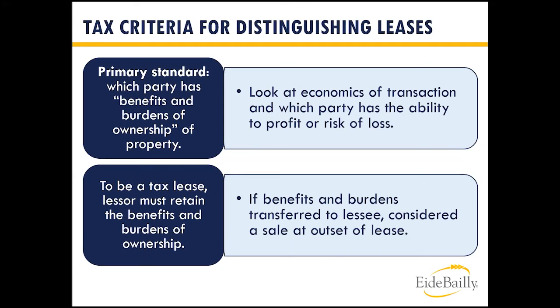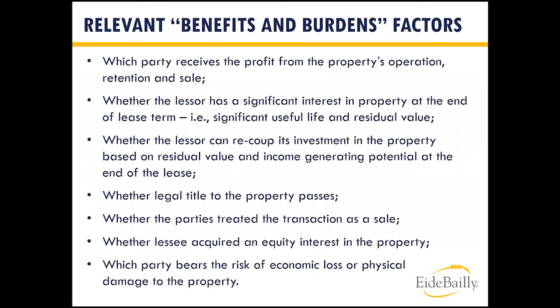So the lessor needs to be the one who at the end of the lease term still has some potential economic gain or loss of some sort. If they have transferred off their entire obligation and their entire economic rights related to that asset to the quote unquote lessee at the beginning, in many cases that won't be considered a lease for tax purposes because the lessor has no continuing economic right or benefit in the asset that has been leased to the other party.